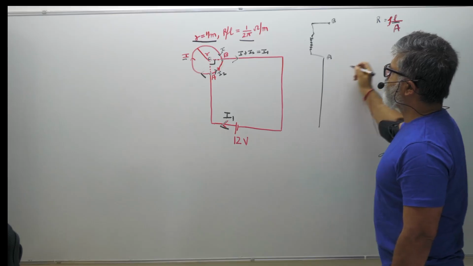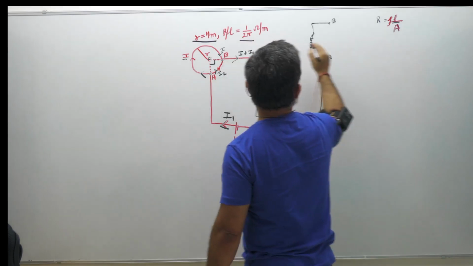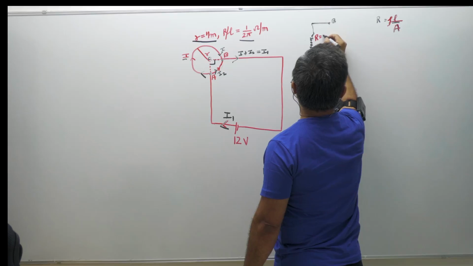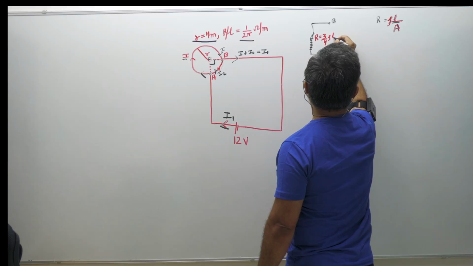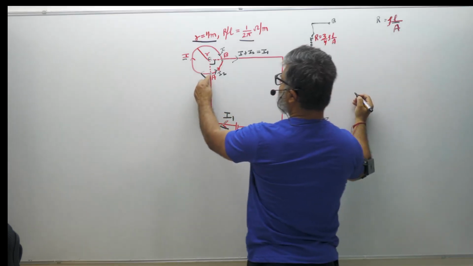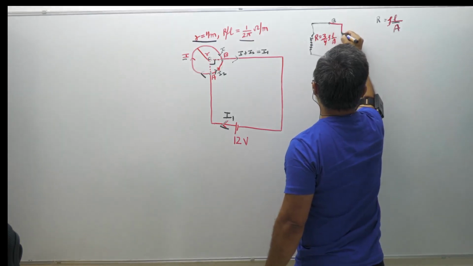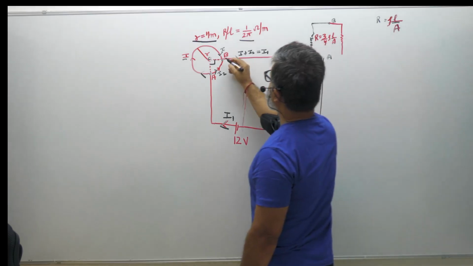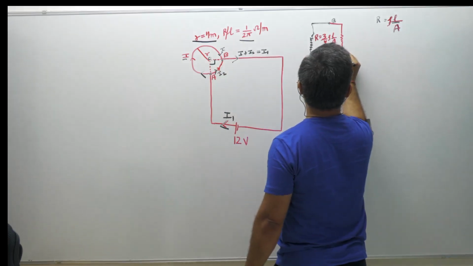So R is given by rho L by A. I have already drawn the resistance of this part, so I have used R equal to 3/4 of rho L by A, because the length available to me here is 3/4. The balance is the resistance which starts from B and again terminates at A, like this.